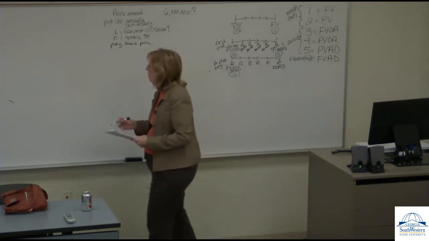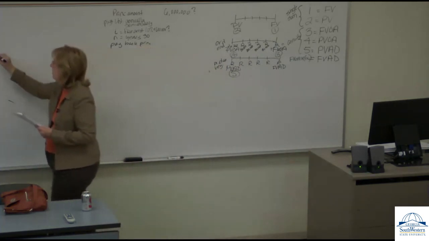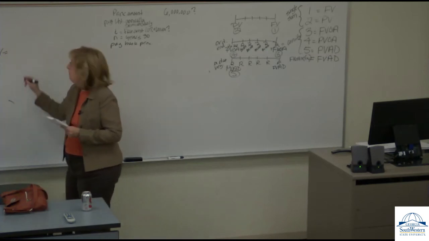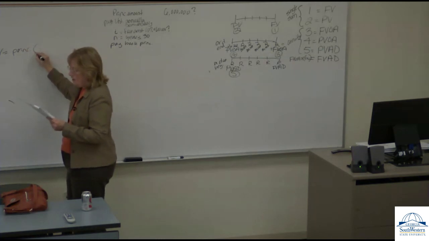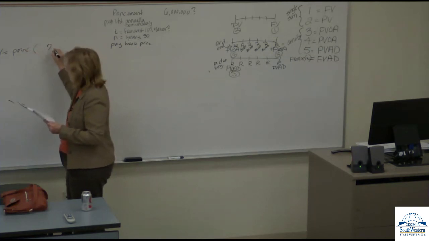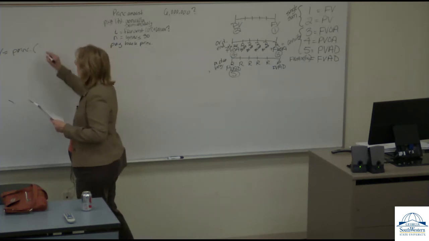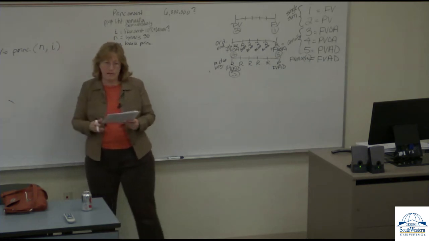So we're going to first calculate the present value of the amount that we're going to pay back. This is the principal amount, where we are going to look at N periods and with a certain interest rate, okay?